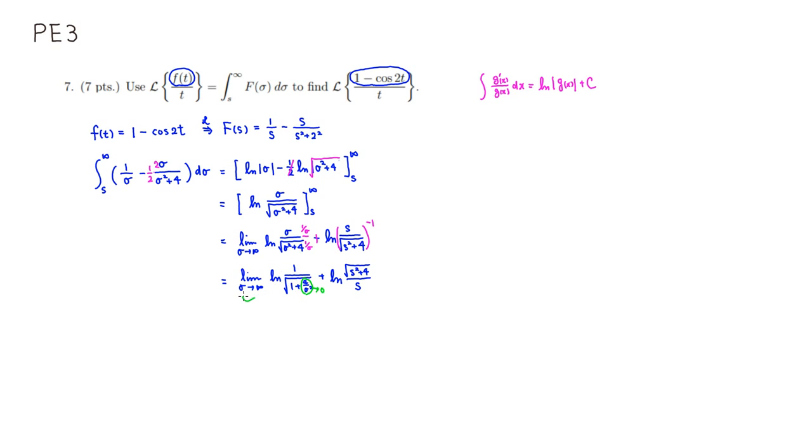The only thing left is the natural log of the square root of s squared plus 4 over s. So that is the answer we're looking for. That's it. I hope that this was clear.